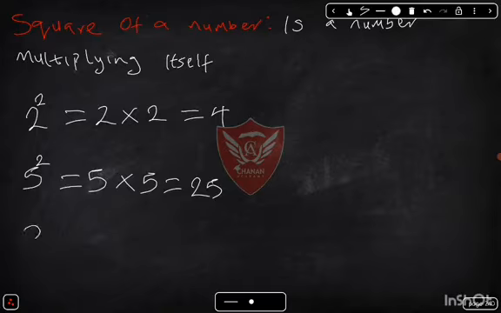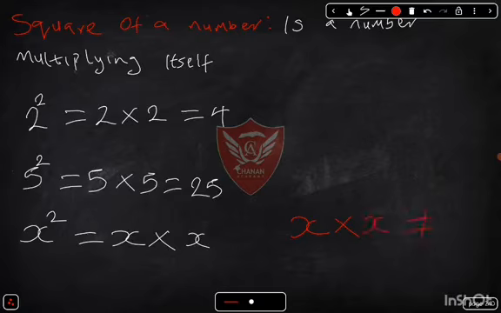The square of x is x raised to the power of 2, which is the same thing as x multiplied by x. Now note, x multiplied by x is not the same thing as 2x. So put that in mind: x raised to the power of 2 is the same thing as x multiplied by x, but it is not the same as 2x.